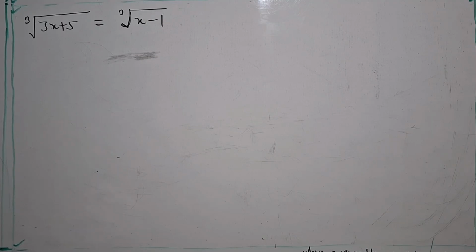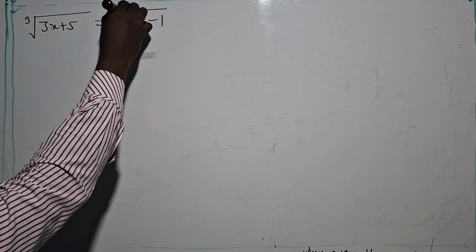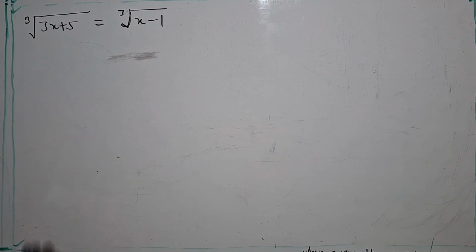So looking at this, the radicals are already separated. What we have to do is to eliminate the cube root. And to eliminate the cube root, we have to cube both sides.